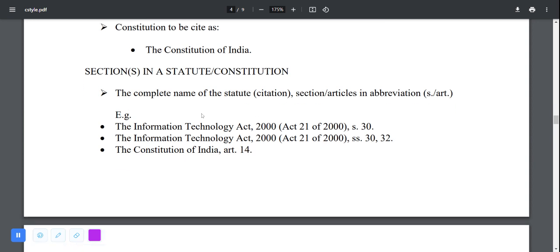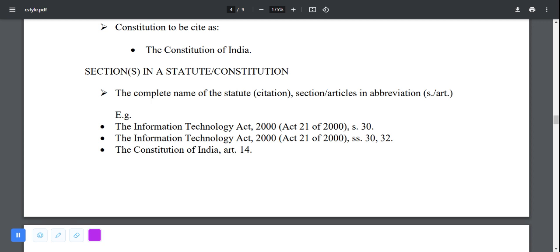Or if you are writing information under statutes and you want to quote a section of the act, then for example the IT Act, and after a comma provide S. 30, meaning section 30. For section you can write S in short. If you are quoting two sections from the same act, then you can write like this: SS. 30, 32.